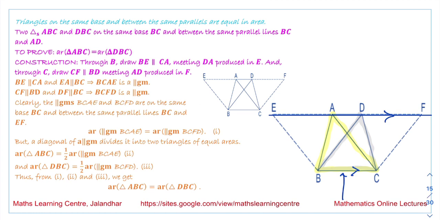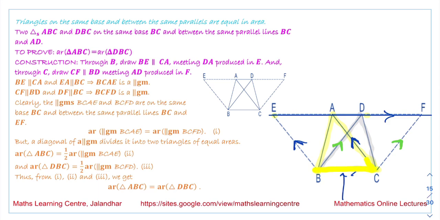To prove this, we are going to do a construction over here: we have drawn this BE line parallel to AC, and this CF parallel to BD. So what we get from this is that BC and ED are parallel, and BE and CA are parallel.